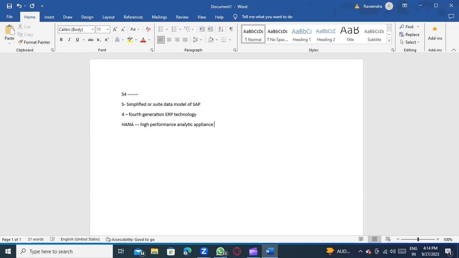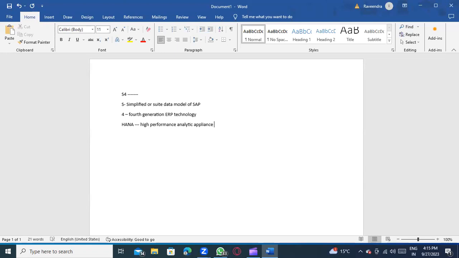Because SAP HANA can process data 3,600 times faster than the traditional databases we have. So you can understand how frequently we can get that data and how easily we can capture analytical information, all these things.